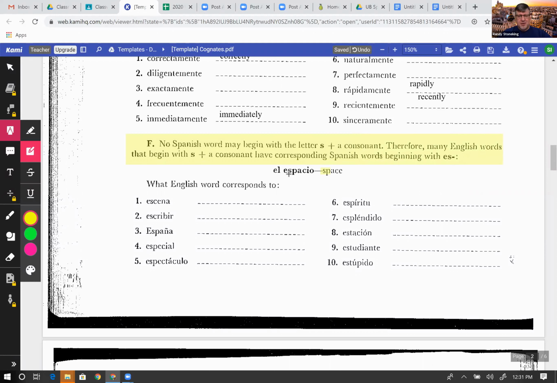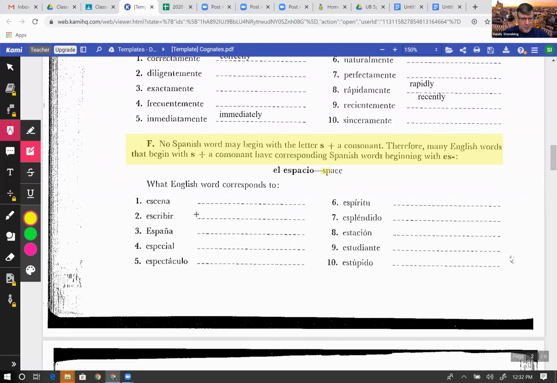It makes it easier for Spanish speakers to make that pronunciation of the S plus a consonant. So the word space, for example, becomes essentially espace, but it becomes espacio. So you will often see this pattern where you have an added E sound at the beginning of a word that has an S followed by a consonant, in this case, the P.